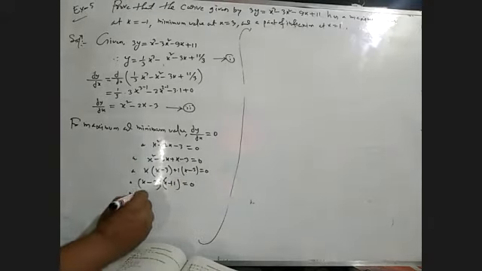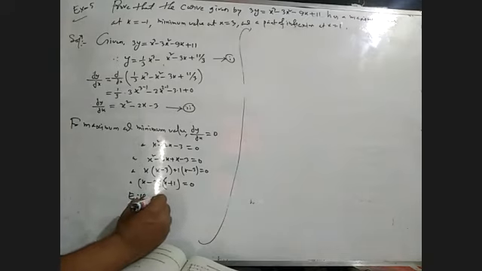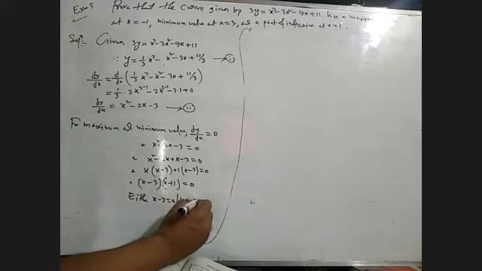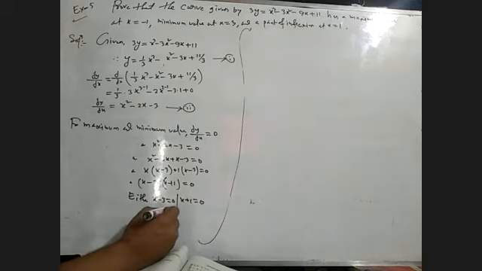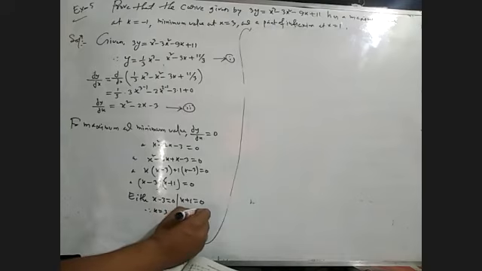Either x minus 3 equals 0 or x plus 1 equals 0. Hence x equals 3 and x equals minus 1.